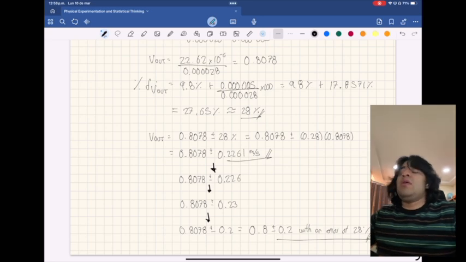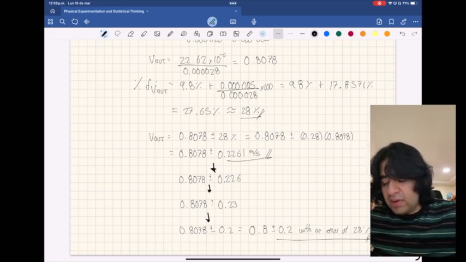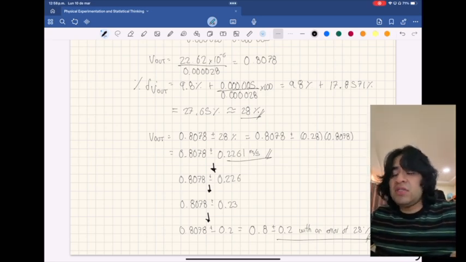And this will be our last answer for the problem using fast rules.